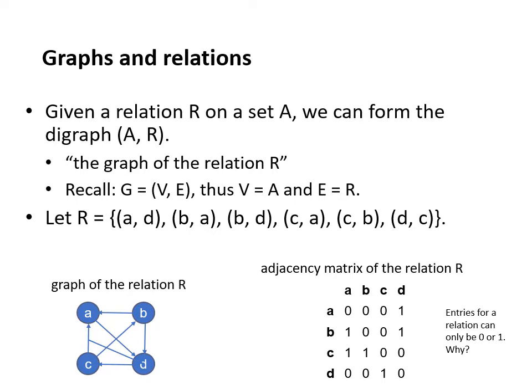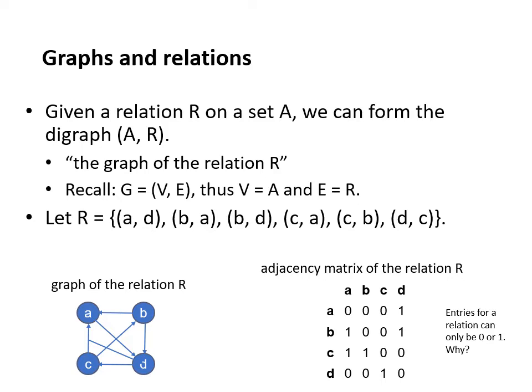Okay, so let's now make again a connection between graphs and relations. Given the relation R on a set A, we can form the graph of the relation R. And recall G is equal to (V, E), and thus V is equal to A and E is equal to R. Meaning the domain of the relation defines the vertices, and the relation itself defines the edges.